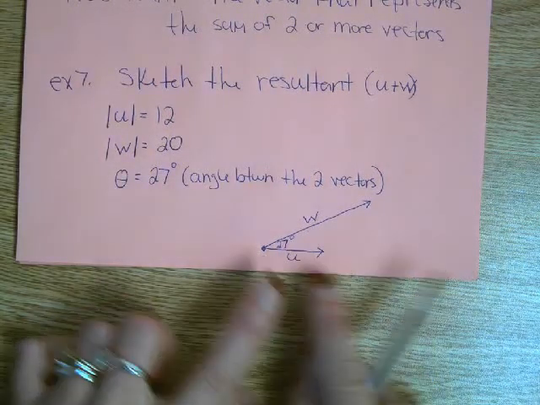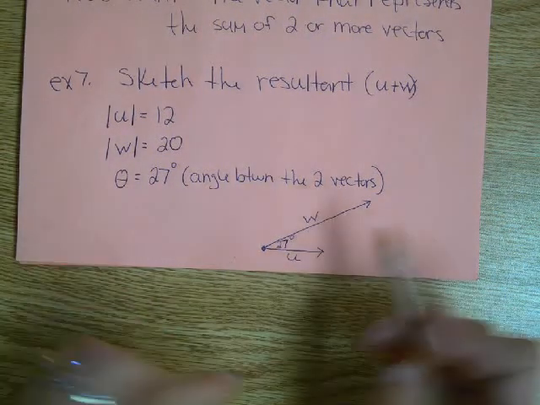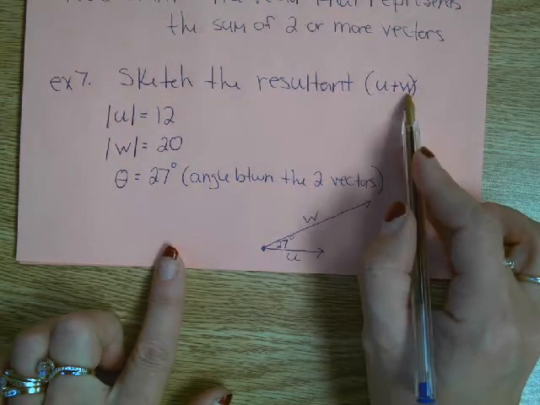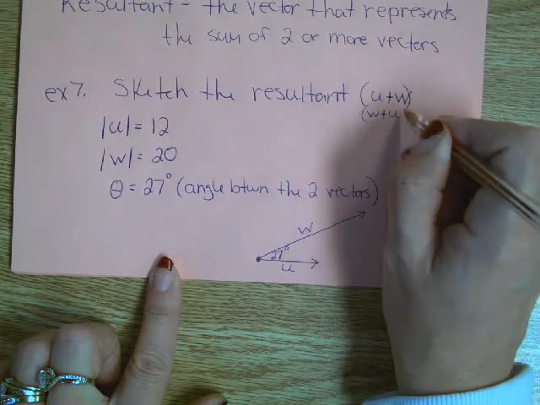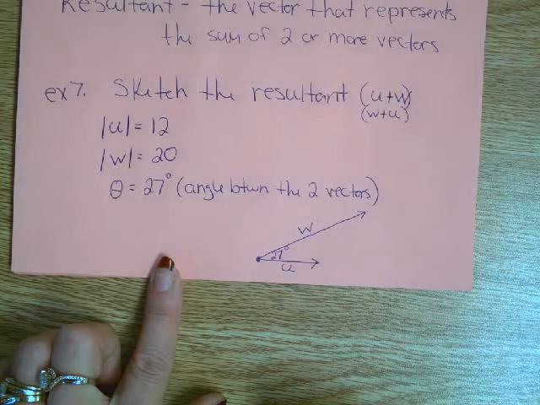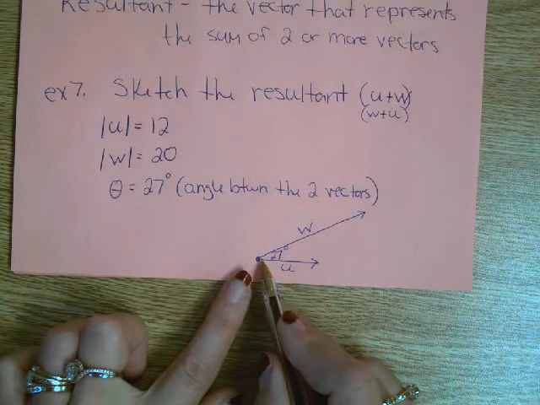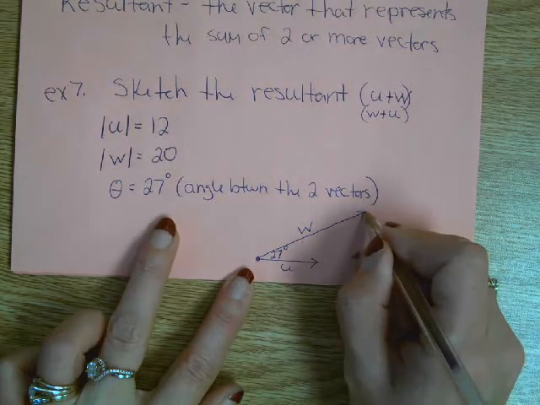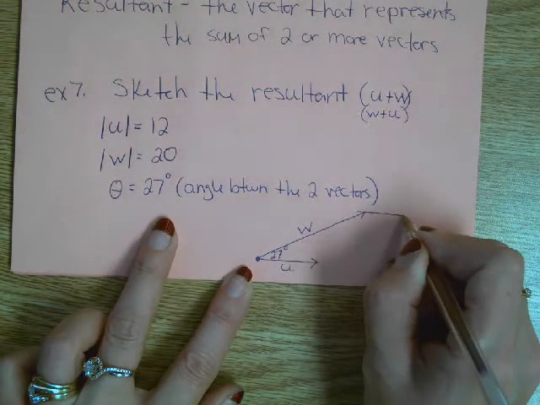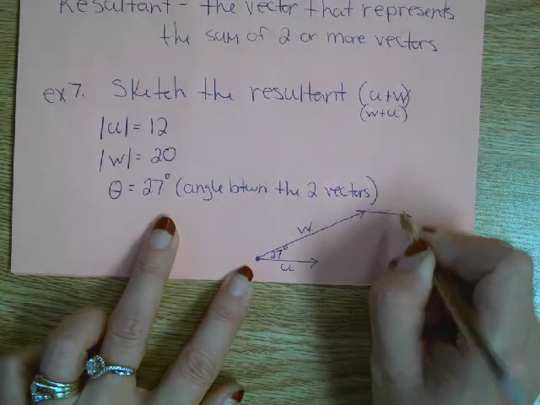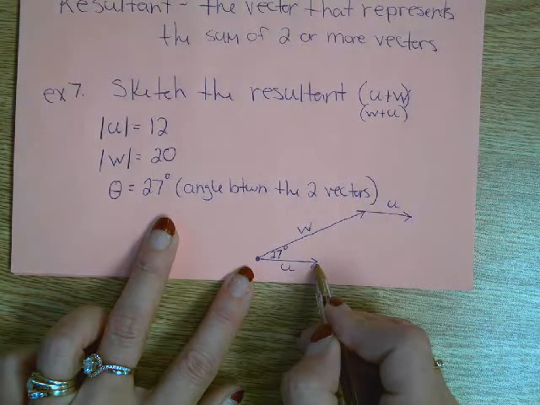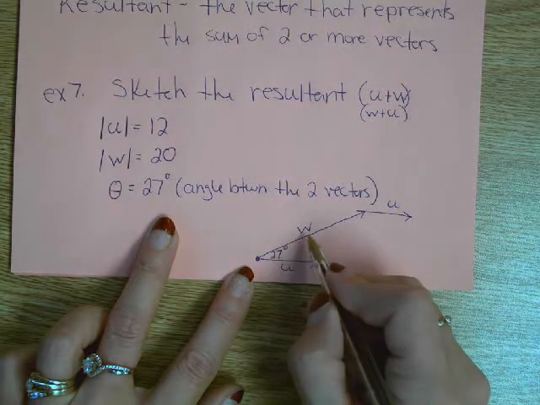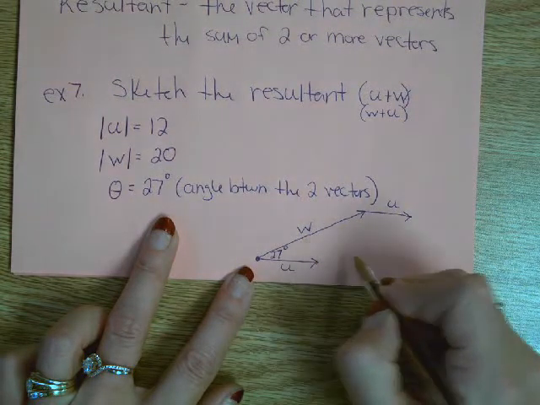So, like I said, to add head to tail, u plus w is going to be the same as w plus u. When we add, they're going to come out the same. When we subtract, they come out opposites, but we're adding. So we could take u, slide it up to the arrowhead here. We could take w, slide it to the arrowhead here, so w's tail attaches to the arrowhead here.